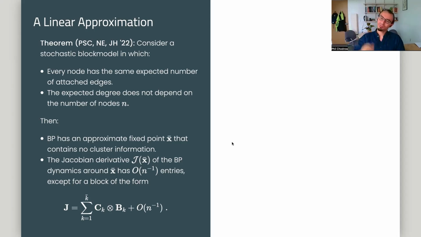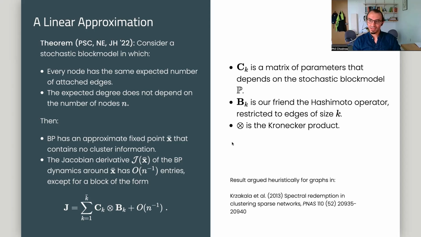J is the sum over edge sizes k of a Kronecker product between a matrix that I'm calling C_k, that I'll show you in a moment, and the matrix B_k. And B_k here is the Hashimoto operator, or non-backtracking operator, restricted to edges of size k. So previously I've been considering one big operator for every edge. Here I'm considering lots of little operators for each different edge size. And what I'm doing is combining it using the Kronecker product with C_k.